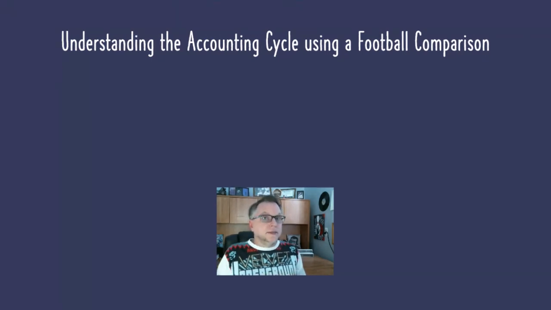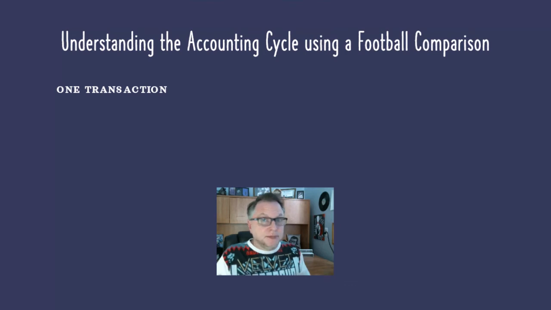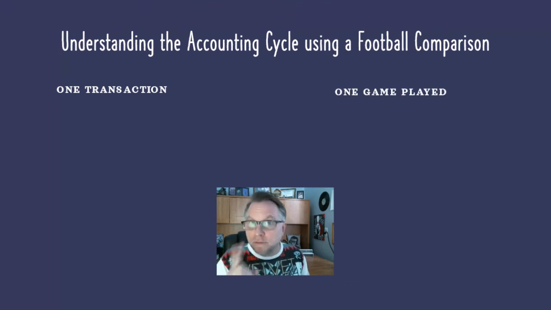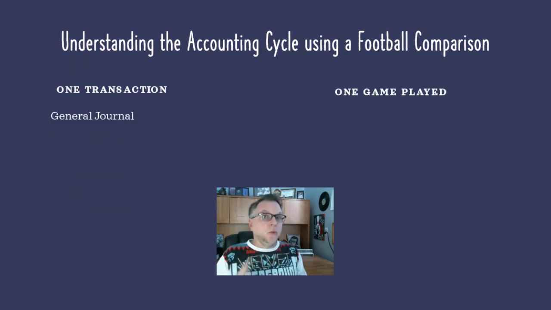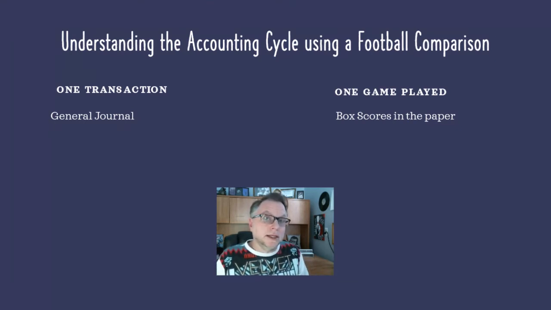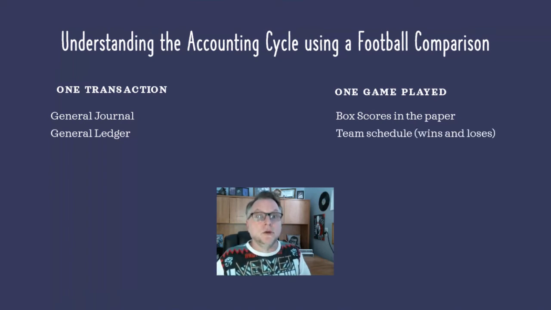So when we look at the similarities of that business transaction and that one football game that was played, that one business transaction updated our general journal, just like the football game updated the box score in the paper to tell you who won. At the same time that business transaction updated our journal, it also updated the general ledger of those accounts. Just like that football game also updated the team's schedule of how many wins and losses they had had.